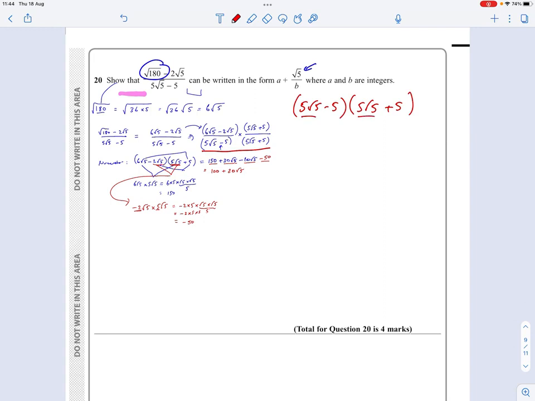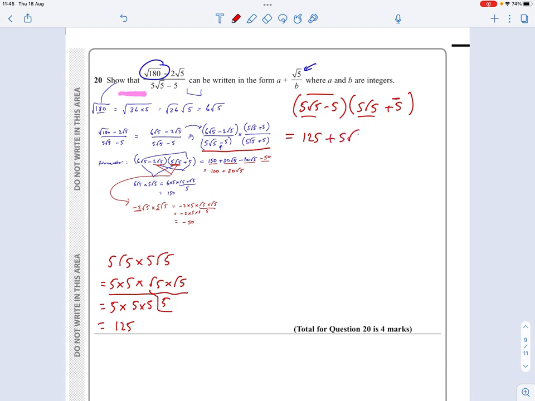First, 5 root 5 times 5 root 5. It's going to be 5 times 5 times root 5 times root 5. Well, that's 5. So we got 5 times 5 times 5, which is equal to 125.